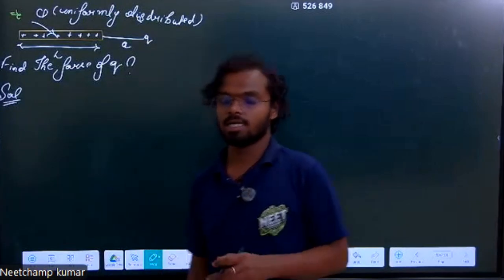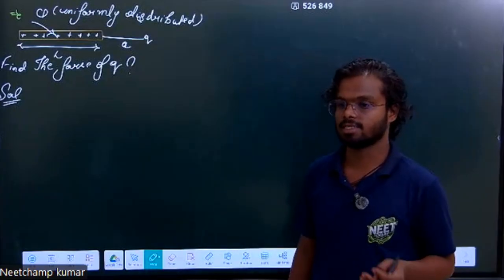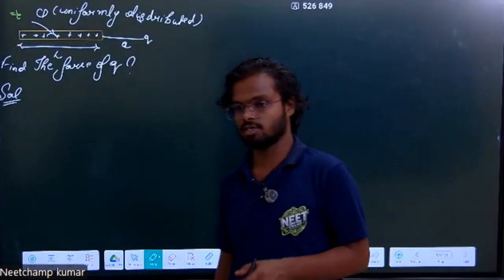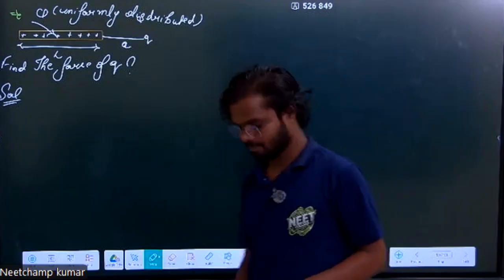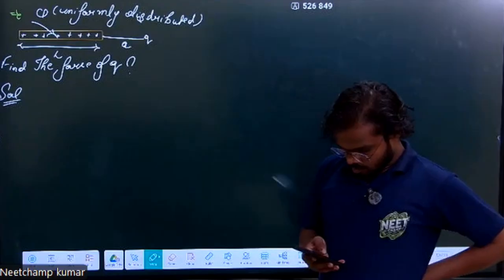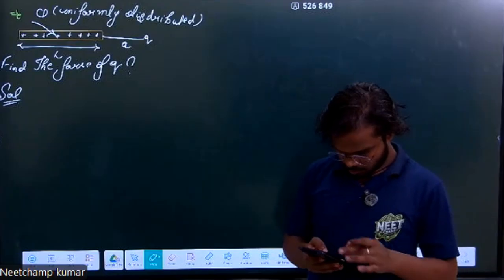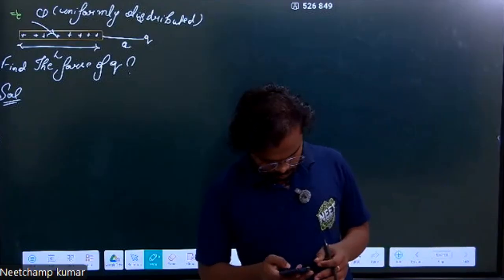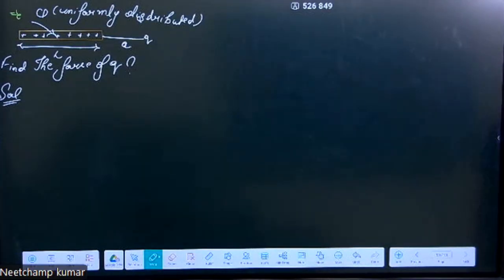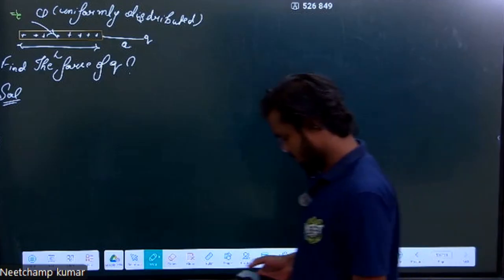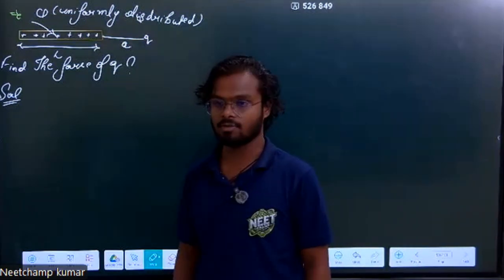Can we apply the direct formula here which we have learned, that is k q1 q2 by r square? Is it possible to apply a direct formula in this case?